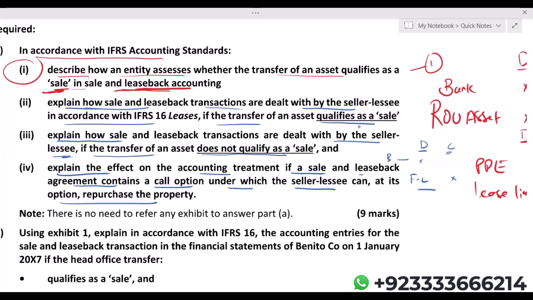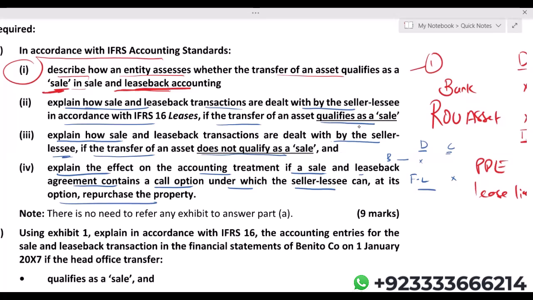So if the lessee is selling the asset and taking it on leaseback, but says I have a call option as well, then obviously according to IFRS 15, Revenue from Contracts with Customers, the transfer of asset will not be treated as a sale unless your call option expires.